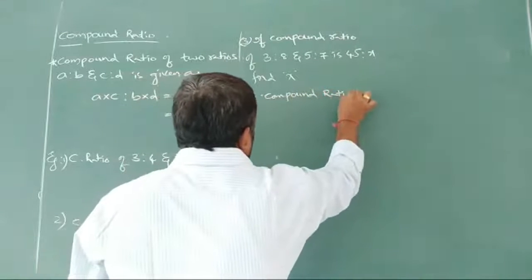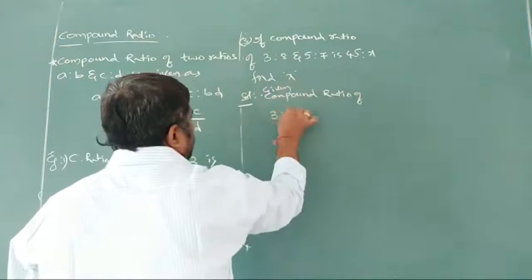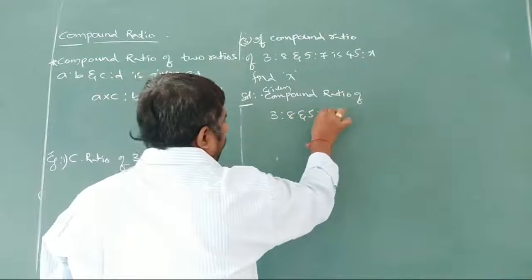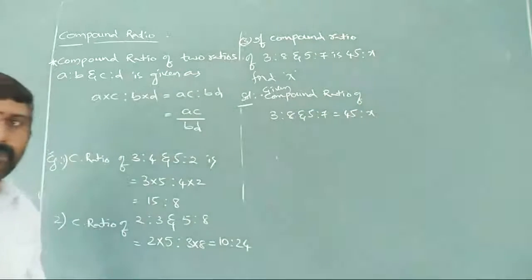The compound ratio of 3 is to 8 and 5 is to 7 is nothing but 45 is to x.